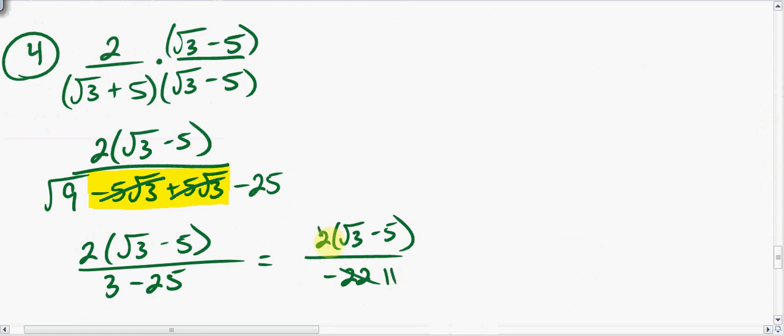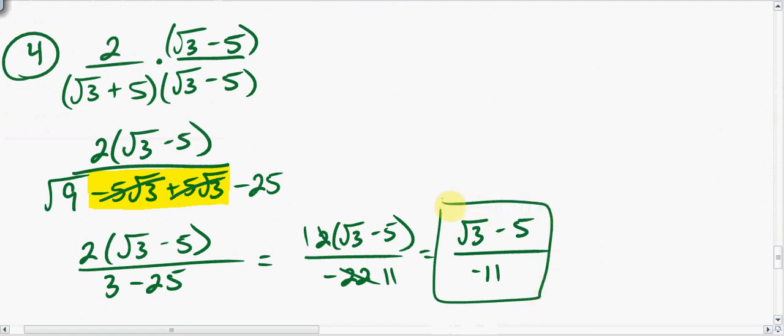And then 2 goes into itself once. So 1 times the quantity of the square root of 3 minus 5 is simply the square root of 3 minus 5 over negative 11. So you can keep the negative down here. If you wanted to move it on the outside, you could. Either way, there's your final answer. Okay, and that's the end of part 2.